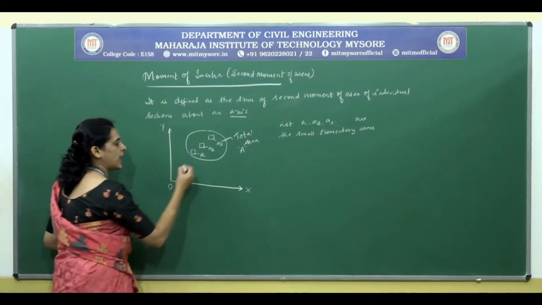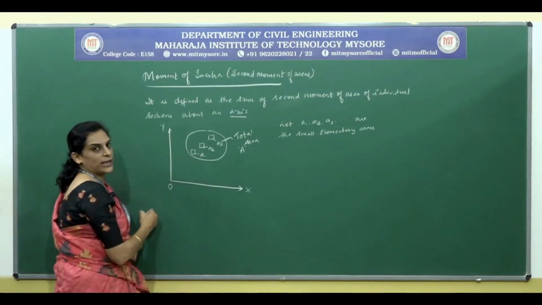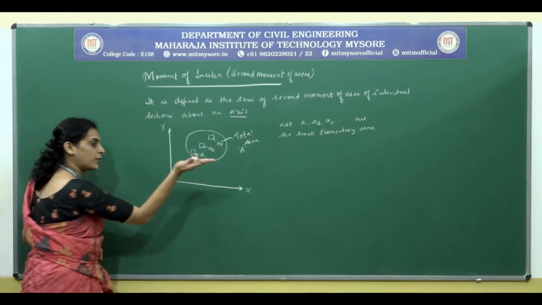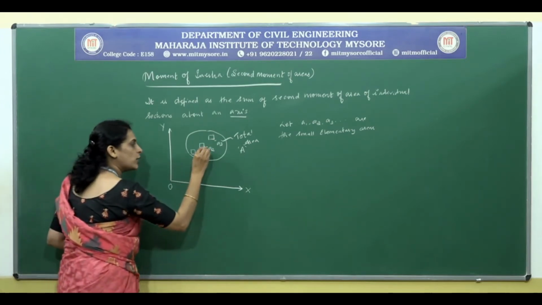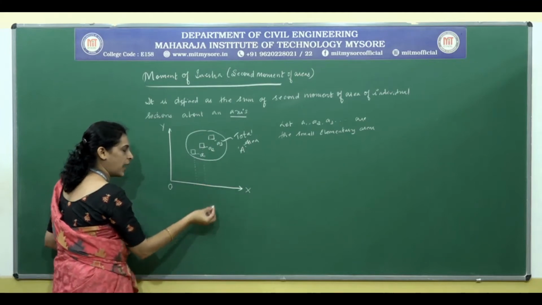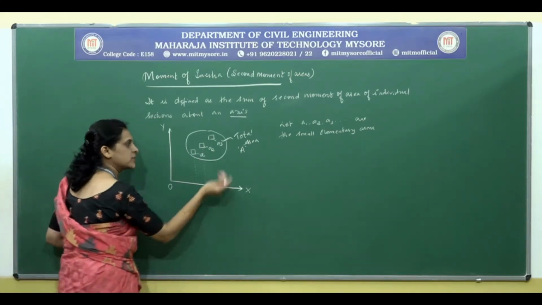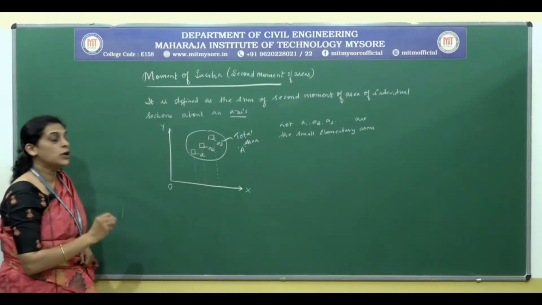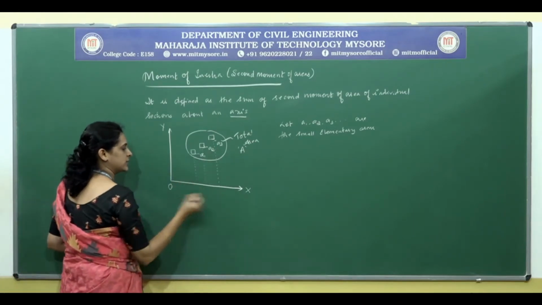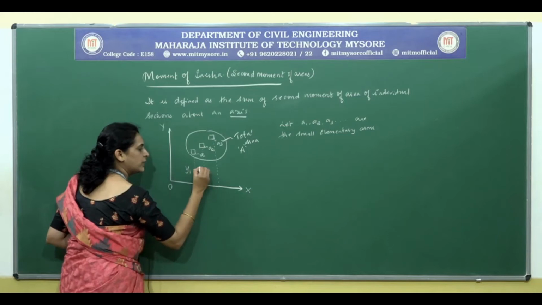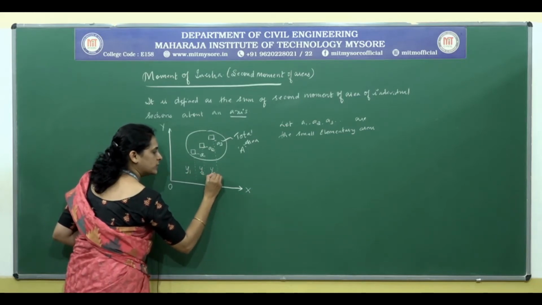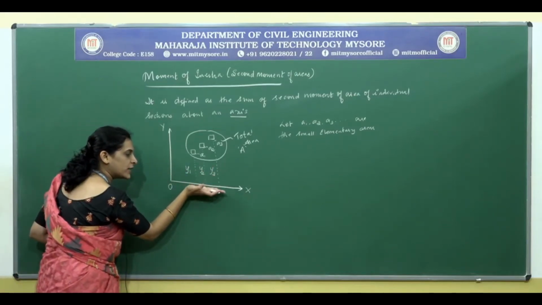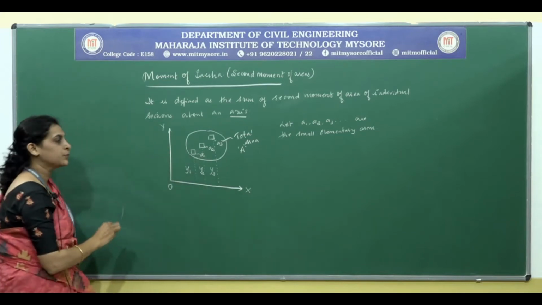A1 is located at some distance apart from x-axis, A2 is located at some distance apart from x-axis and A3 is located at some distance apart from x-axis again. We will give some name to these distances. The distances are named as y1, y2, y3 respectively. So these are the distances with the reference of x-axis, right?